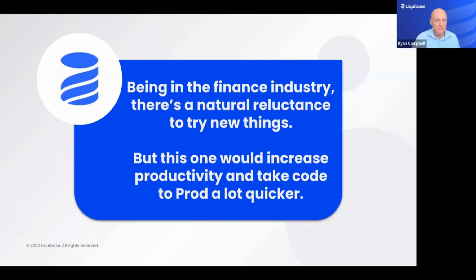Was there any hesitation around using Liquibase Pro, or was that an easy decision to make? I'm curious what went into that. It was a very easy decision on my part.